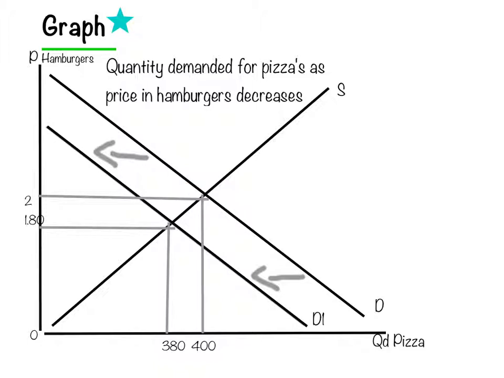However, when the price of hamburgers decreases by 20 cents, we get a quantity demanded of 380 pizzas. This can be seen by the arrows as the new demand curve shifts over to the left, D1.